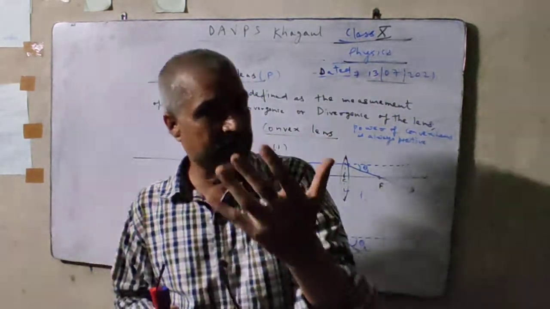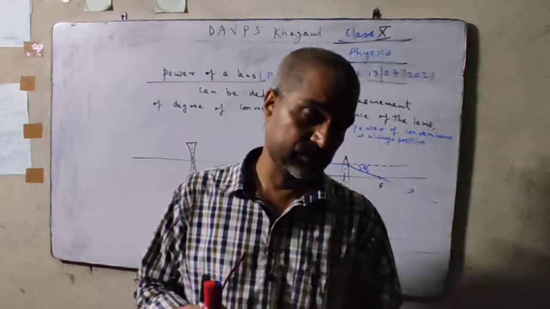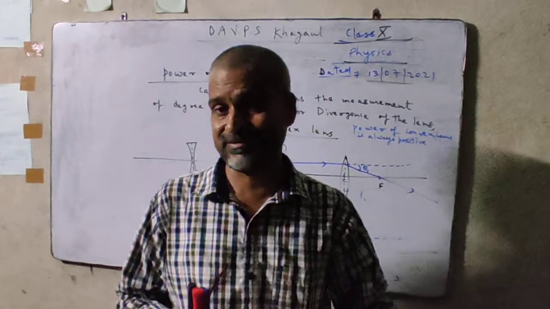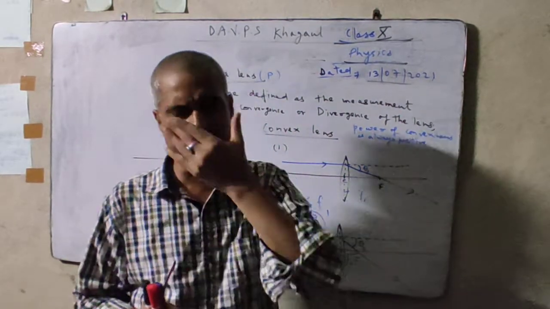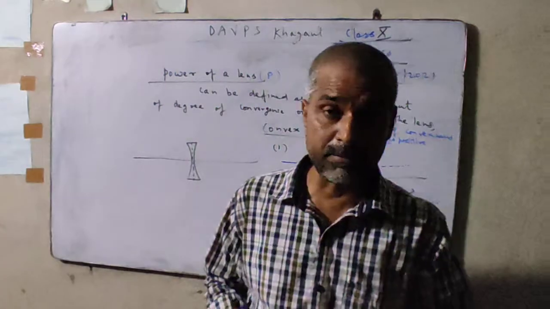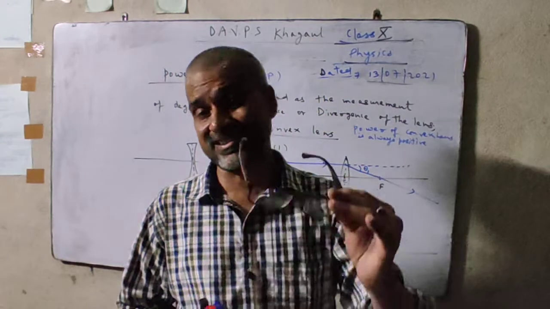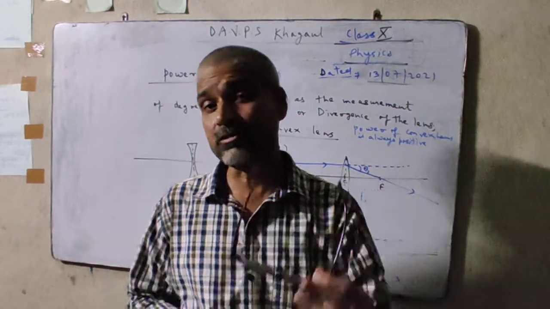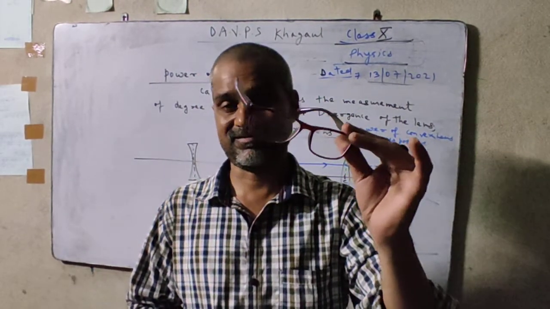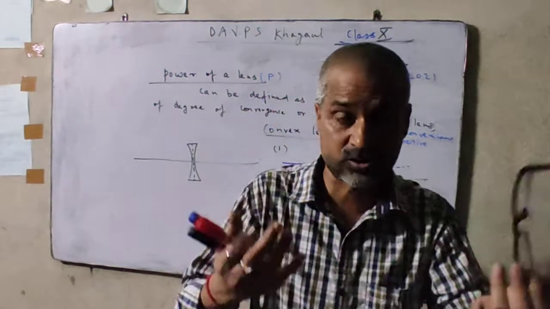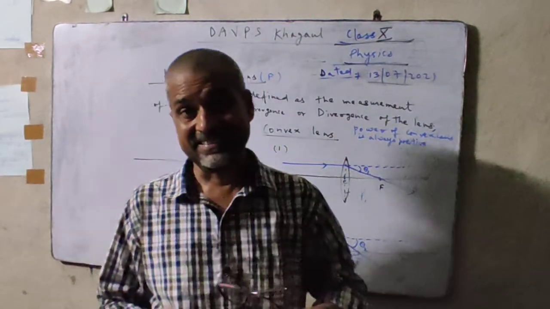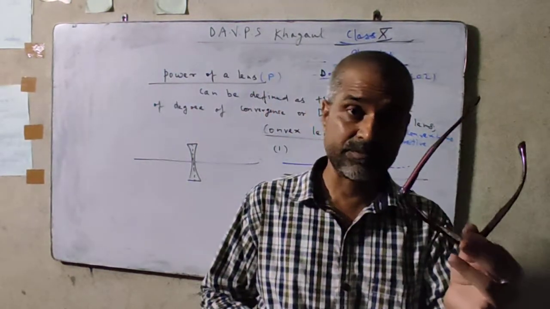Or when you go to an eye specialist, like myself, I got some problem, hypermetropia, and my doctor prescribed a convex lens of power +2 diopter. What is this +2 diopter? That is the power of the lens.